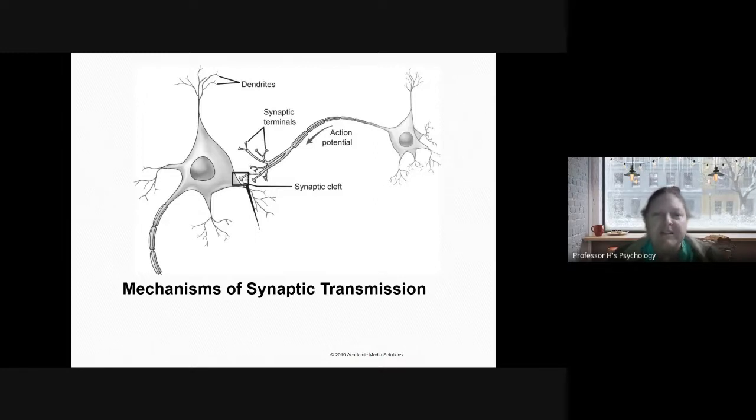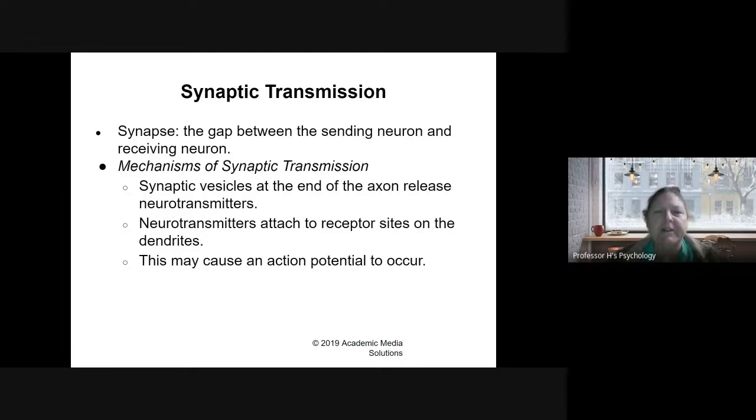At the terminal of this cell, it's going to cause those vesicles to move to the edge of the membrane, merge with the membrane, and release the neurotransmitter into the synapse, which will then be picked up by the dendrites or receptors on the next neuron. So that was kind of a once-over on what we talked about in our last video. So synaptic transmission: we have the synapse, the gap between the sending neuron and the receiving neuron.